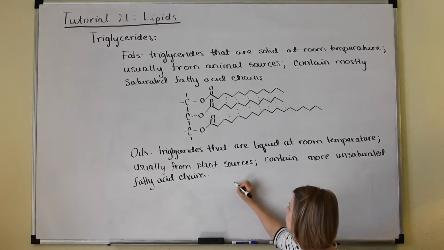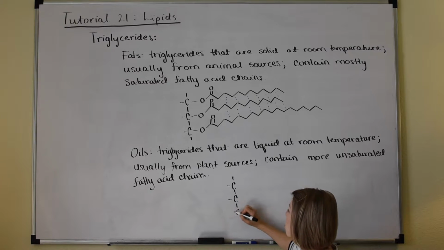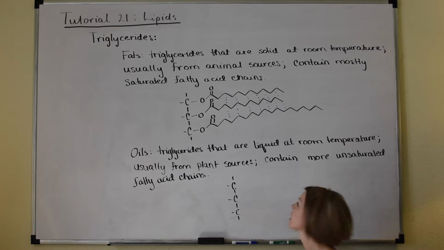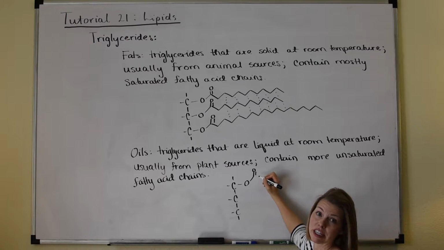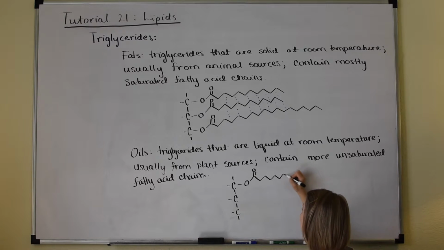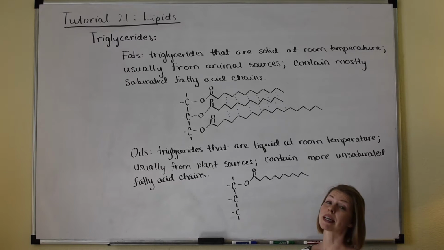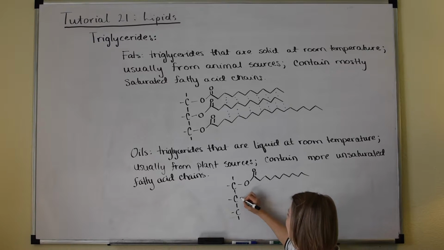Okay, so let's try to draw a triglyceride down here that has more of the unsaturated fatty acids. So it doesn't mean that they have to all be unsaturated. It just means that most of it is going to be unsaturated. So we'll still do a lauric acid here. So 1, 2, 3, 4, 5, 6, 7, 8, 9, 10, 11, 12, only because it's easy to draw. And then let's also add oleic acid.